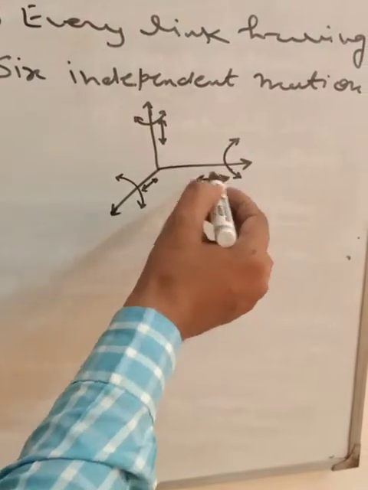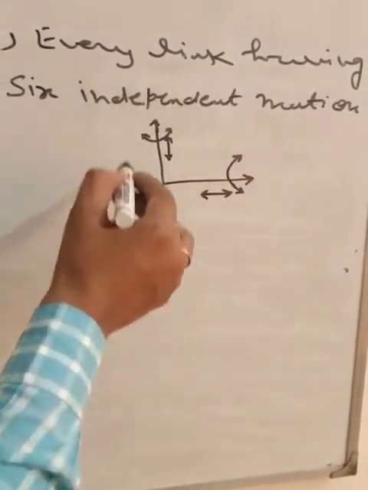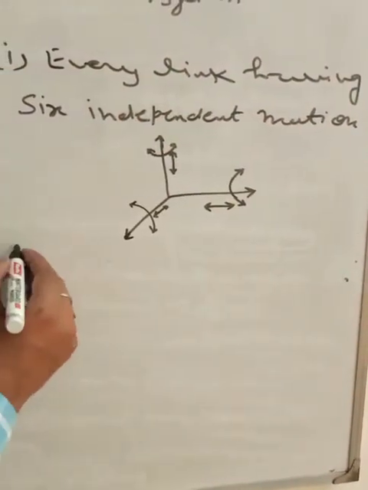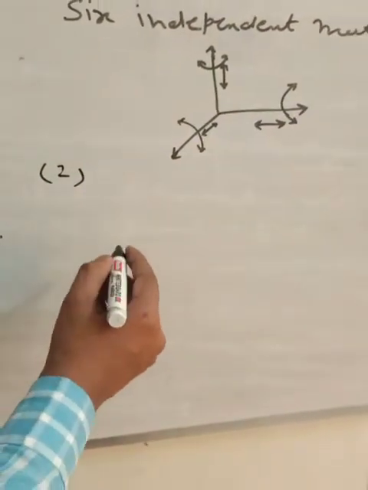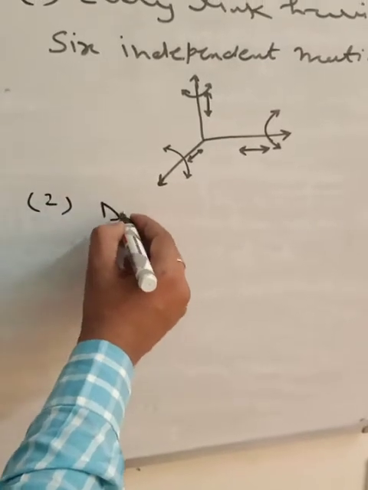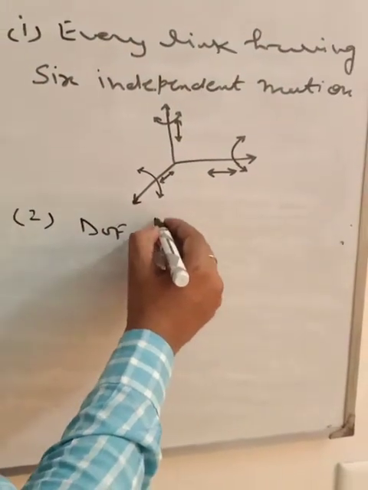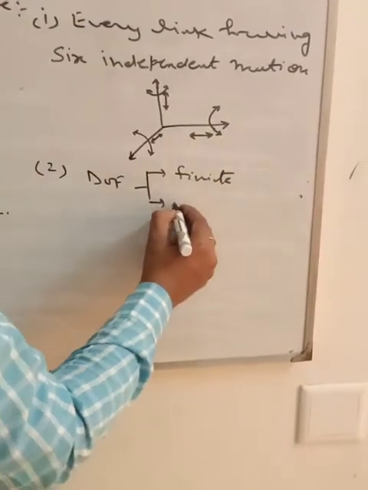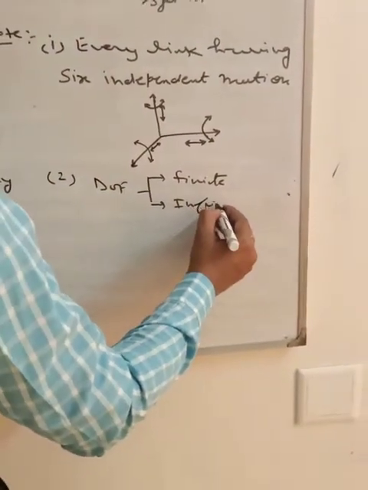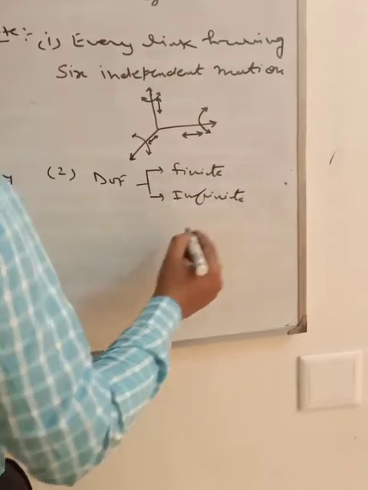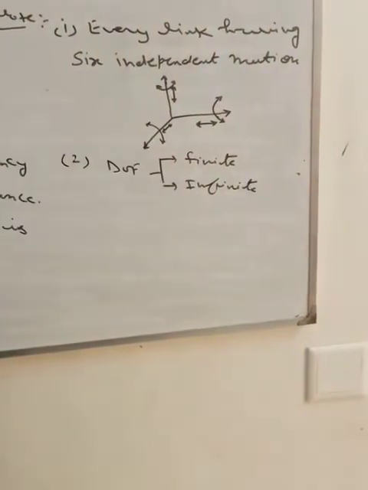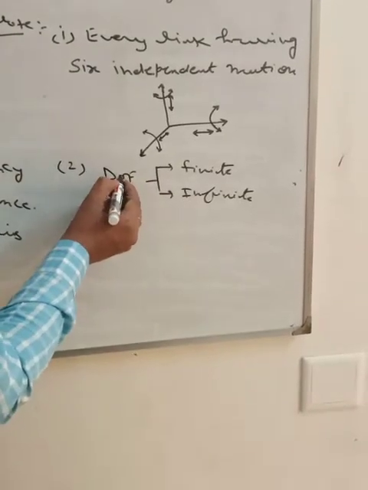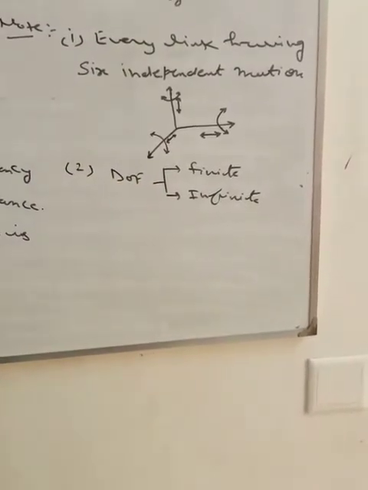It means each link has 3 linear and 3 angular motions. Degree of freedom may be finite or infinite. Finite has some value, and infinite has infinite degrees of freedom.